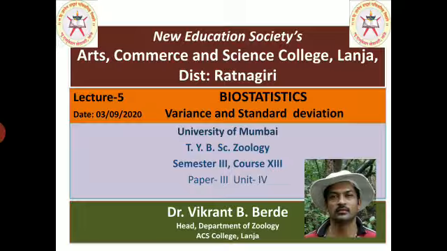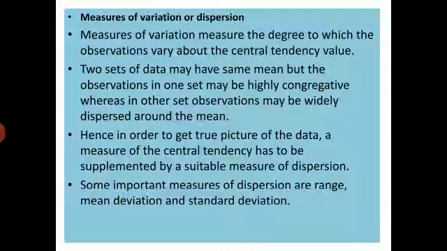Okay, so in that condition you have to find out the deviation of that data from the arithmetic mean. So, measurement of variation or dispersion. Measurement of variation measures the degree to which the observations vary about the central tendency value. Now, what is the measure of central tendency?